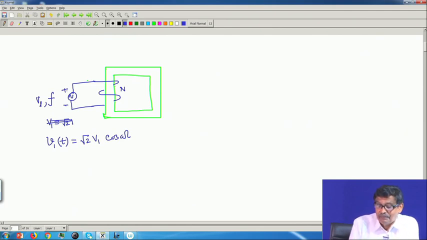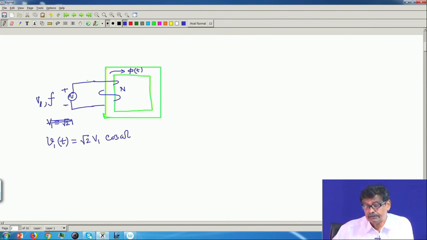The moment you apply a known RMS voltage at a certain frequency f, where omega equals 2 pi f, across the coil, the level of flux which will be produced, which will also be time varying as expected, gets fixed. Now, what is the reason for that?